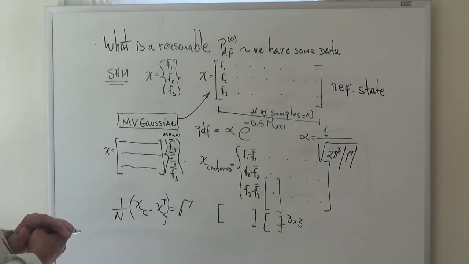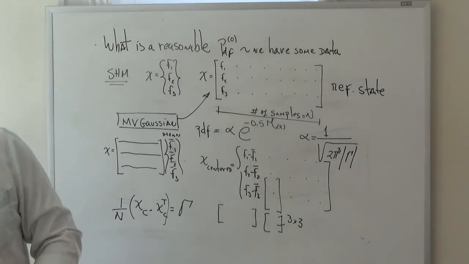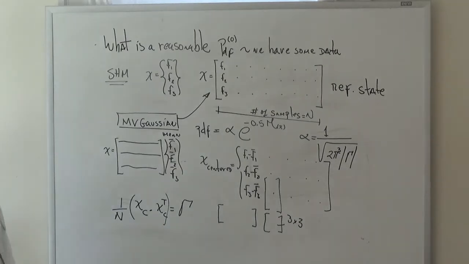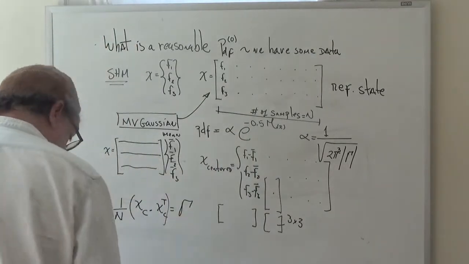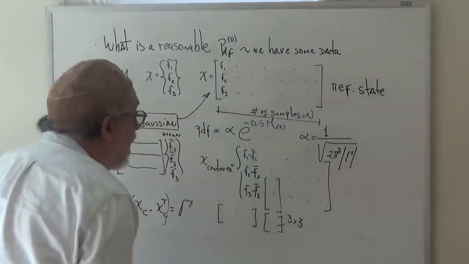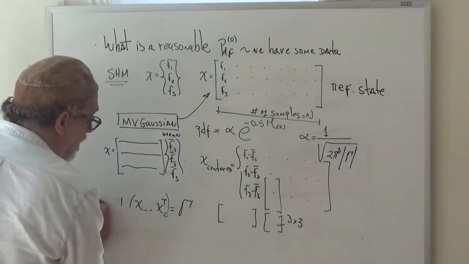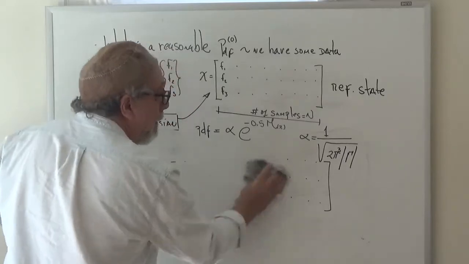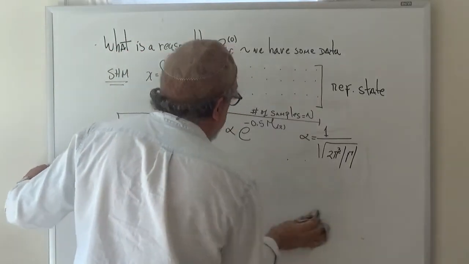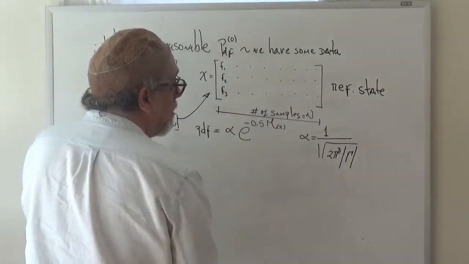So, okay, so now what is the Mahalanobis distance? The Mahalanobis distance, which is the exponent here in the PDF, I'll erase here. Right?